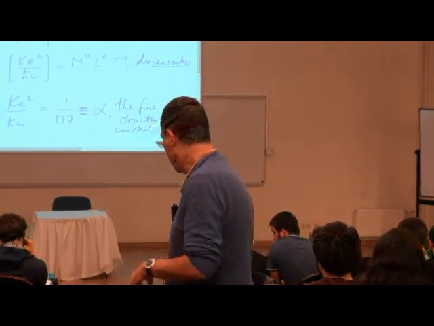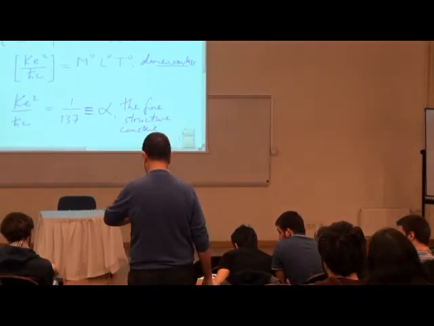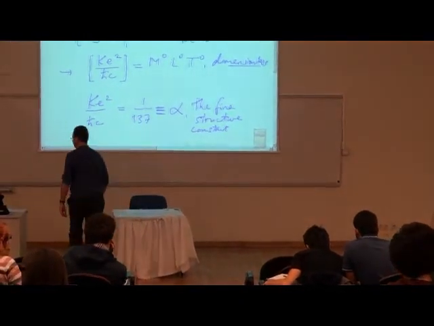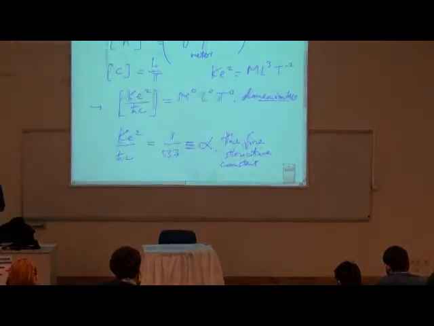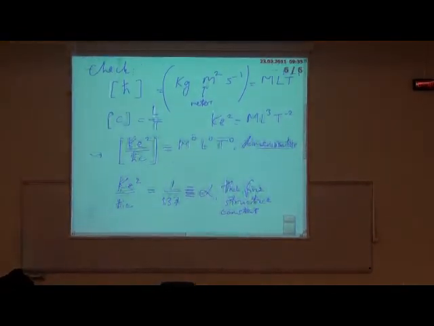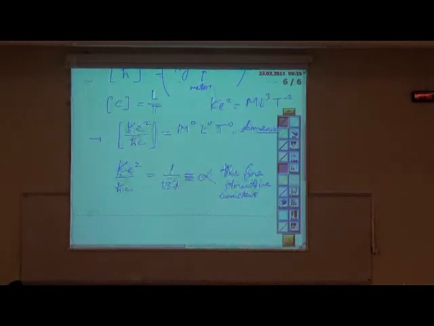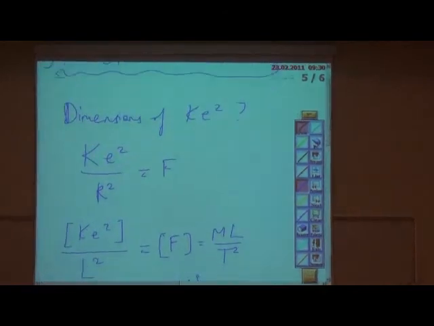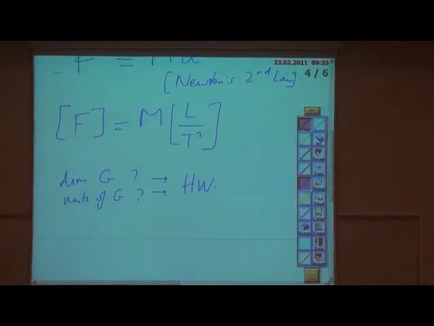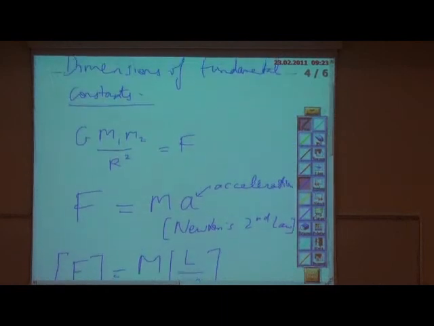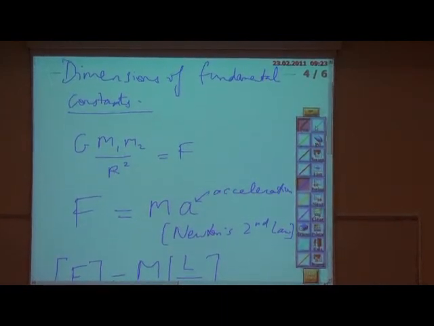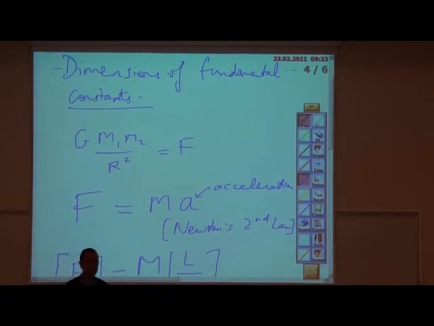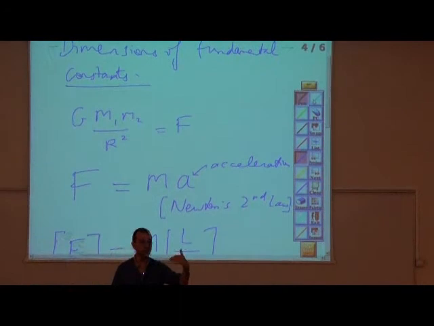Well, let me go back. Here, G times M1 times M2 divided by R square is a force, just like K times E square divided by R square is a force.